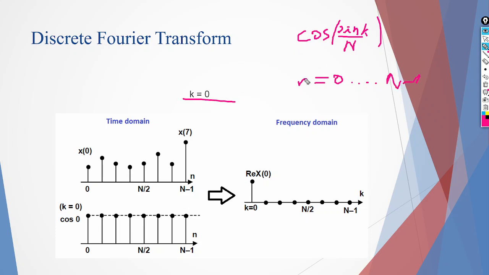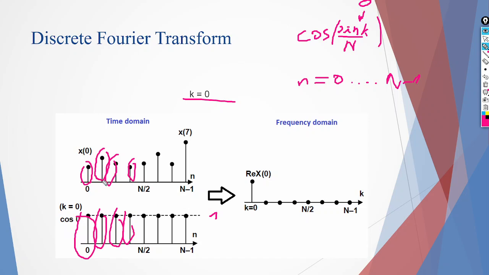So that means your entire cosine, regardless of n, in brackets here has 0. Cosine of 0 is 1. So here is cosine of 0 with the same samples matching your signal. So what happens now is you take this sample of your signal, multiply it with this sample of cosine. This sample multiplied with this sample of cosine, and so forth.